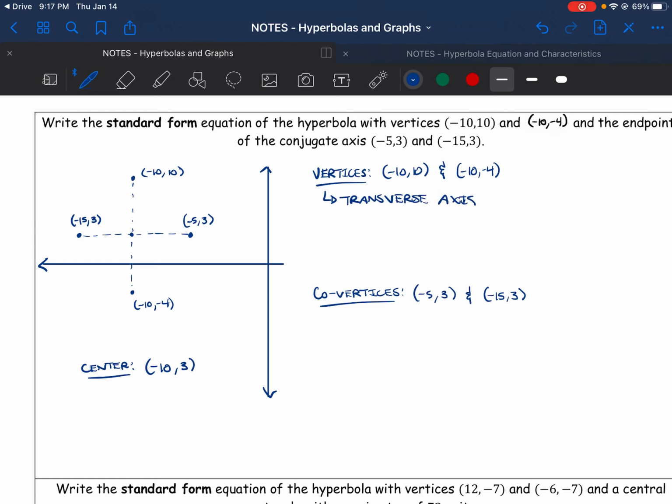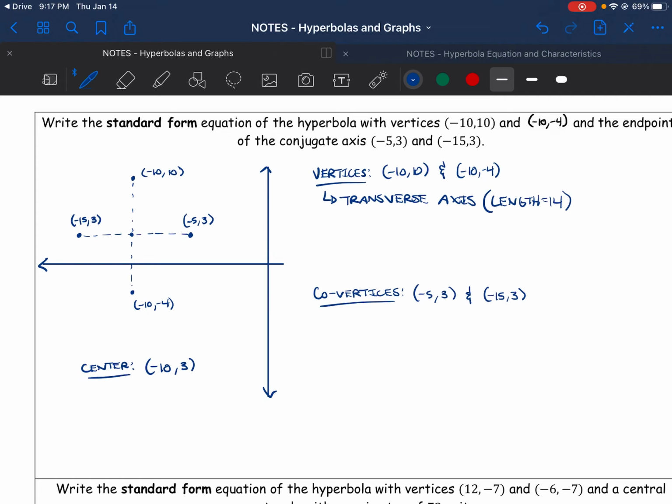Which, by the way, if we're trying to find the length of the transverse axis, the x values are staying the same, so we're finding the distance between the y values. The distance between a positive 10 and a negative 4 is going to be 14. So the length of the transverse axis is 14 units.